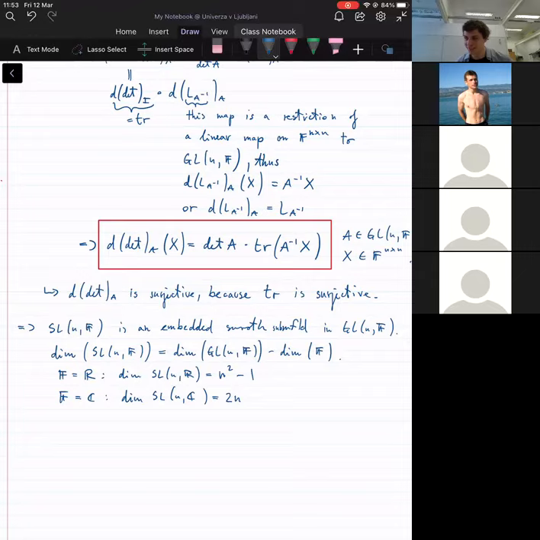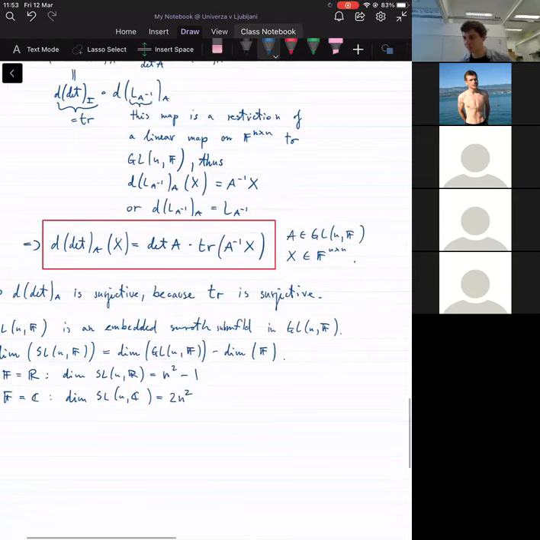Are you sure? If I have n to the power of 2 complex numbers, how many real numbers do I have? Twice as many. I don't have 4 times as many, right? So no brackets. Okay, and the dimension of C is equal to 2, so this is 2 times n squared minus 1.